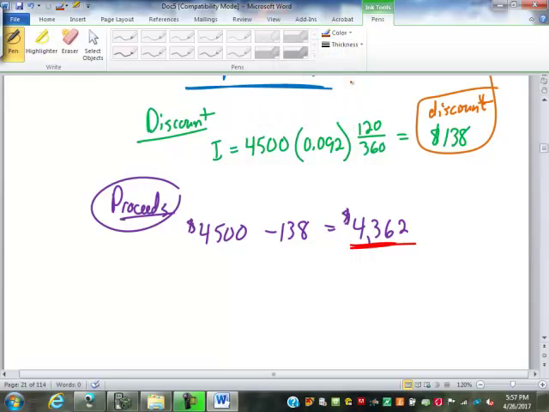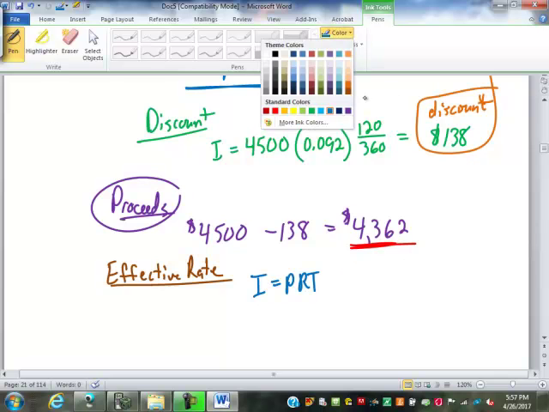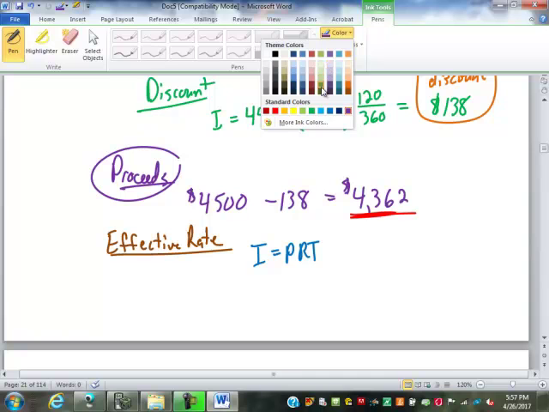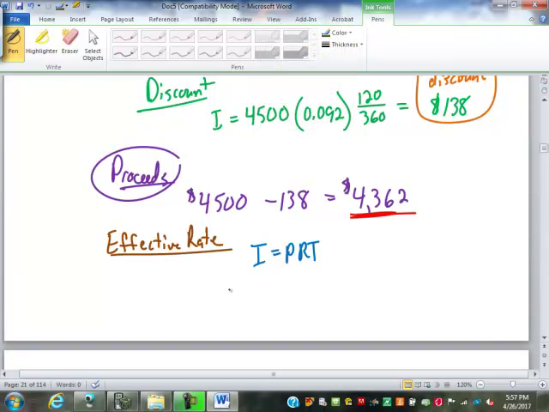So the effective rate is I equals PRT. We know I is that discount of $138.